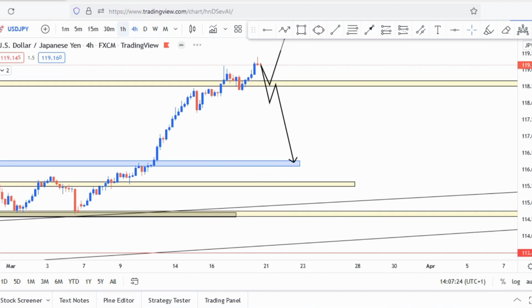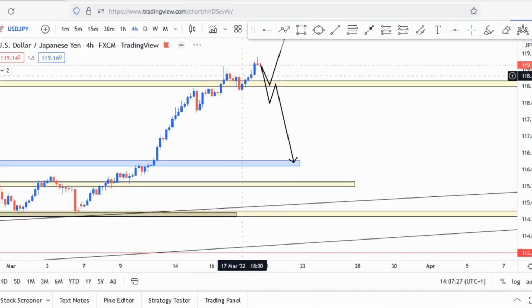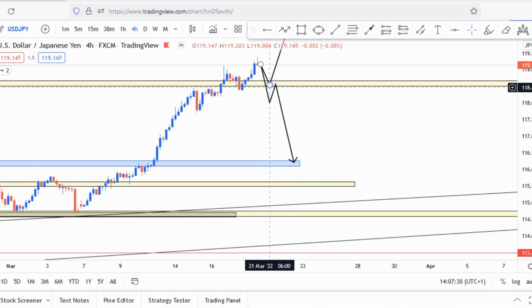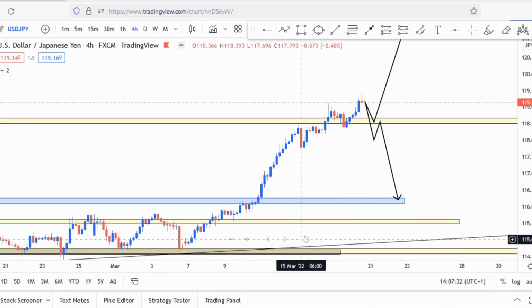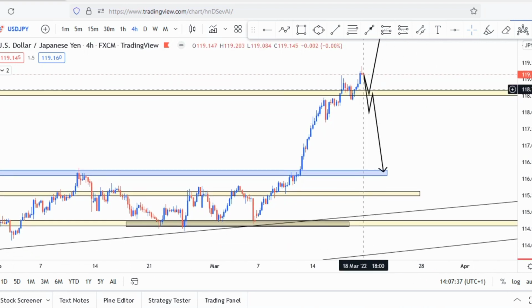But like I said, if price retraces and gives us a buy signal over there, then we'll be looking to take our buy trade. If not, we'll see how price plays out, and if price breaks this level back down to the downside, then we'll be looking to sell. So ultimately, this area is a very key area for us.